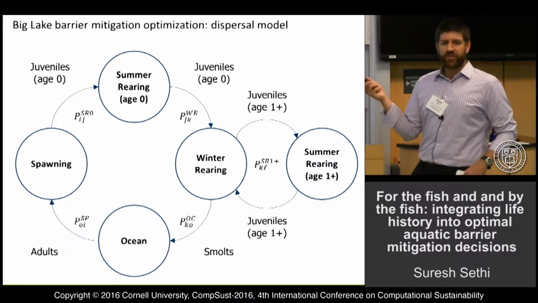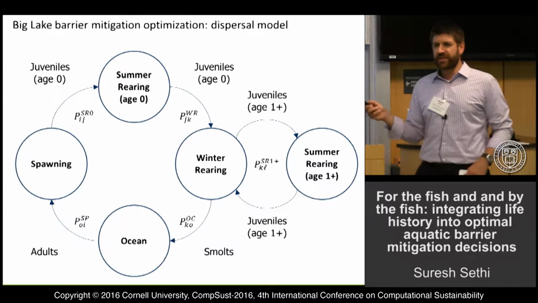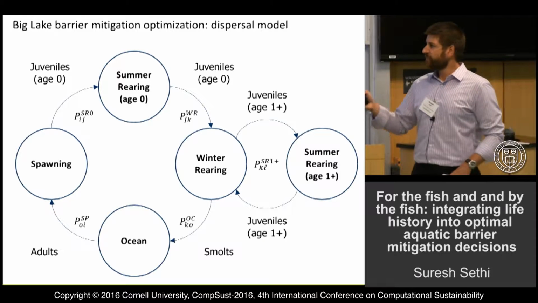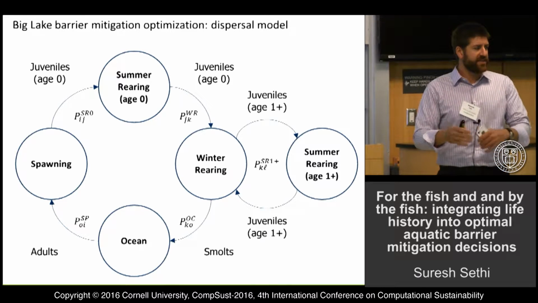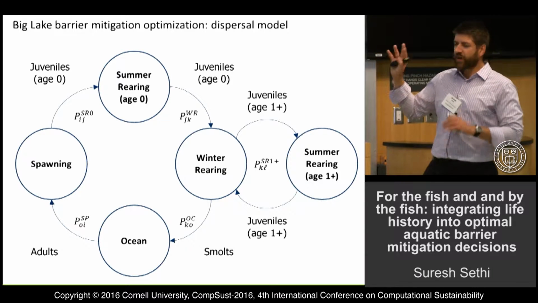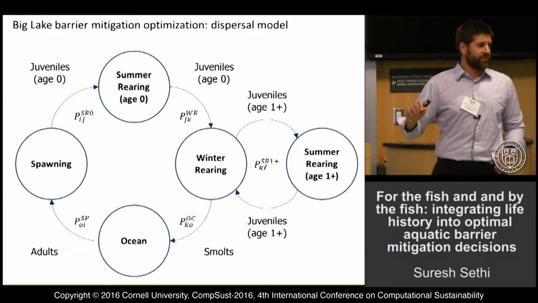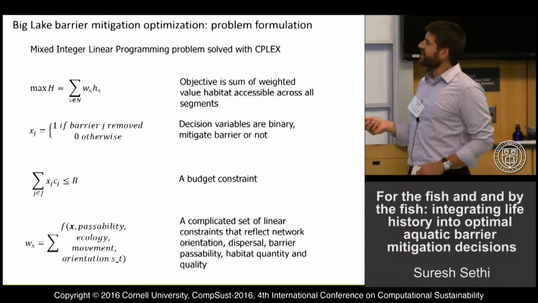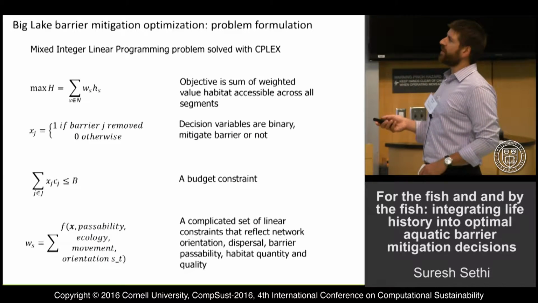We can describe that within the optimization program by basically framing this as a life stage dependent dispersal model. So basically, long story short, is we have weightings that we apply to the objective function that describe the traffic, if you will, passing through the culverts at each life stage. Setting up the model, this is a mixed integer linear programming problem.